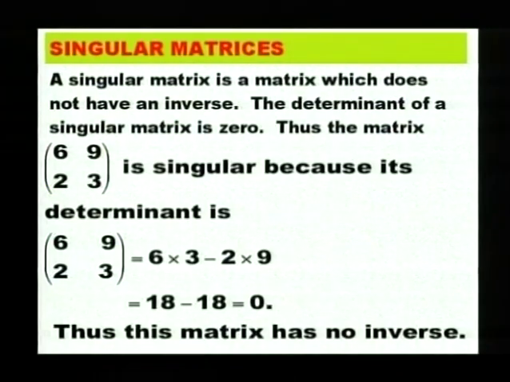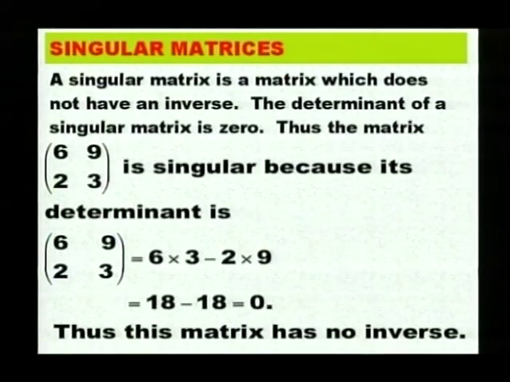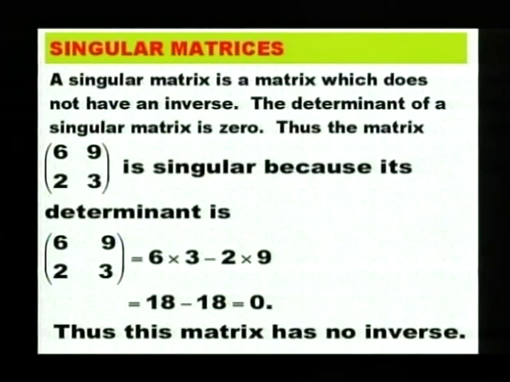We'll look at 1 or 2 examples. A singular matrix is a matrix which does not have an inverse. The determinant of a singular matrix is 0. So the matrix 6, 9, 2, 3 is singular because if you multiply 6 by 3 minus 2 times 9, you get 18 minus 18, which is 0.